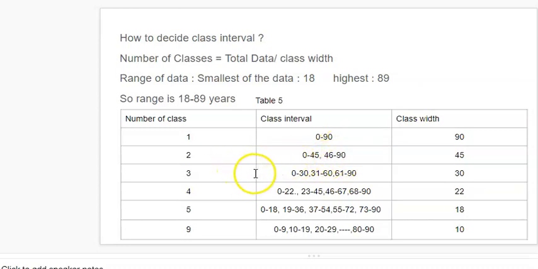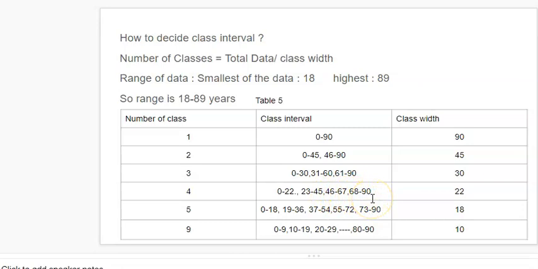The third one, I divide into 0 to 30, 31 to 60, 61 to 90. So 0 to 30 means early age, middle age, and senior citizen age. So we can understand the chance of diabetes. In the fourth one, we take 0 to 22, 23 to 45, 46 to 66.